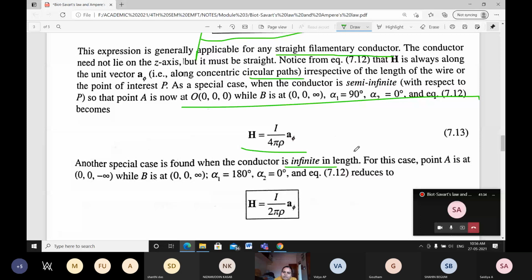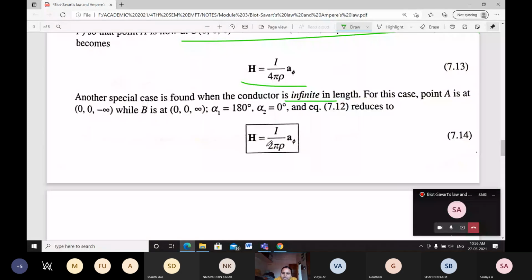Then our H is I divided by 2 pi rho into a phi. If you substitute the angles, you will get the same. Just remember that if infinite length is asked, use this equation, or else in a normal case, use the other equation.